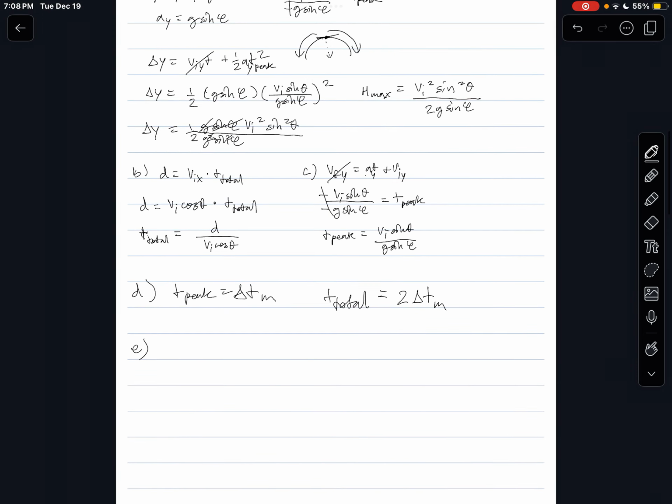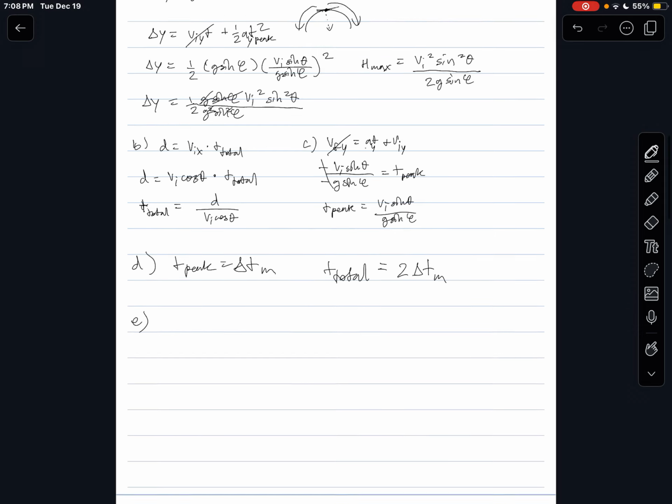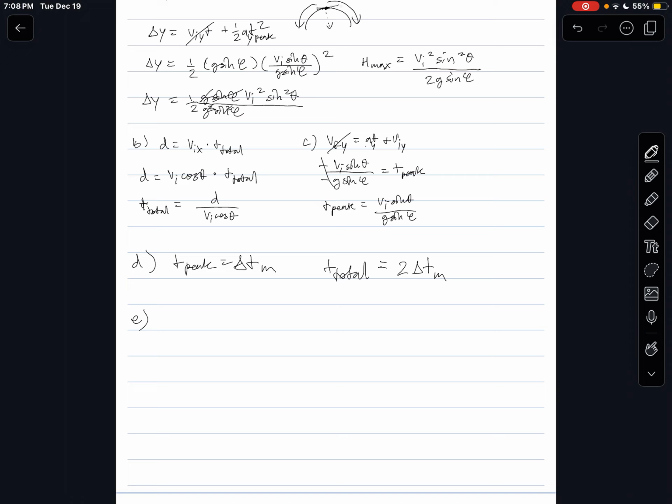Okay, now for part E, I am going to use the range formula. D equals VIX times T total. So yes, we know that. And we know T total is going to be 2 times T peak, like I said before.